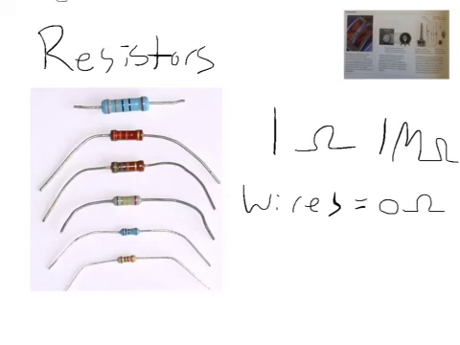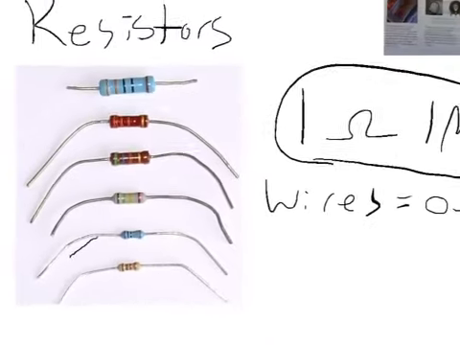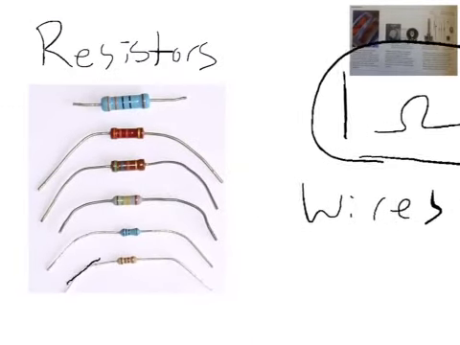Insulators, materials like glass, plastic, air, have very, very high resistances, so we won't work with them with Ohm's law. And then we have resistors, which have this range of resistances, and these will be the ones we're working with. Here we have a picture of some resistors.